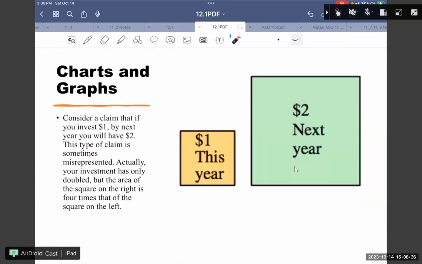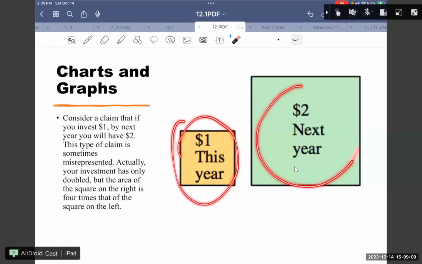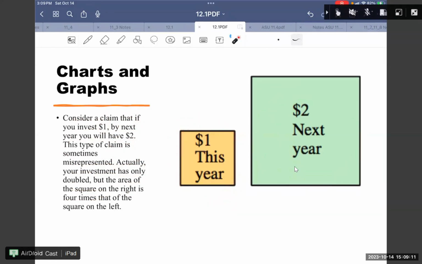The chart claims that if you invest $1 now, next year it will be $2. This claim can sometimes misrepresent, because your investment has only doubled, but the area of the square is 4 times. So we can see this one as $1 for a year, and the next year is $2.